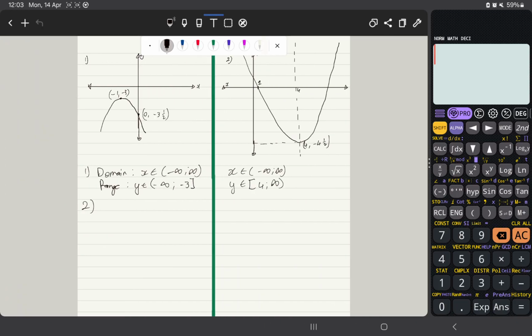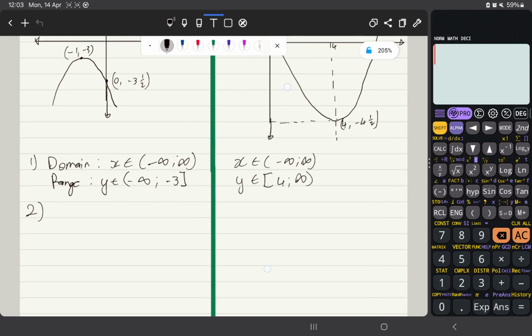Axis of symmetry. Remember, the equation is x equals minus p. We use this equation if we are just given an equation, but if you can see the graph, you don't have to go through all of this.